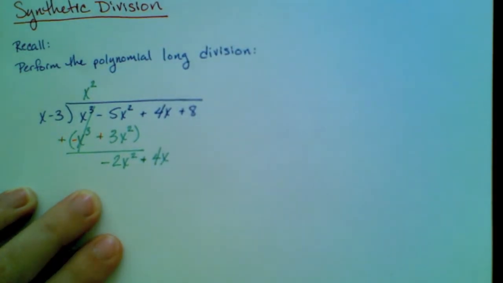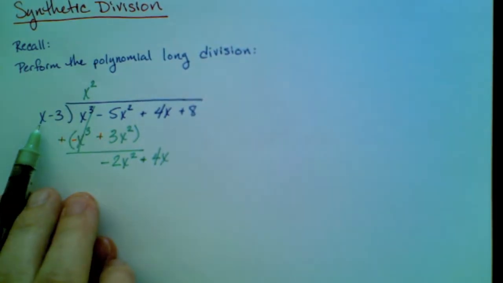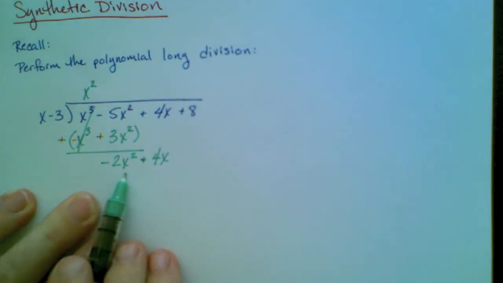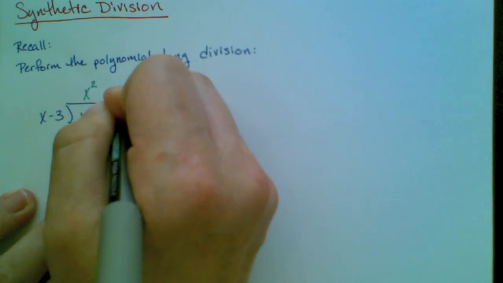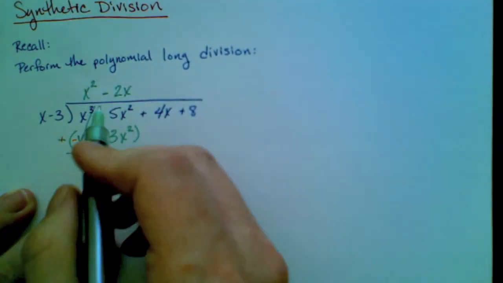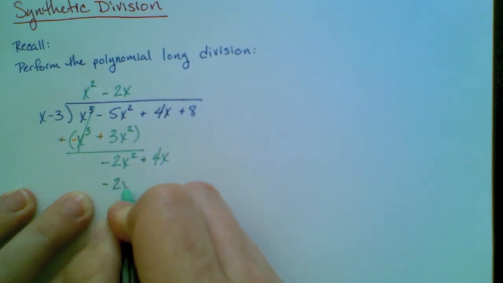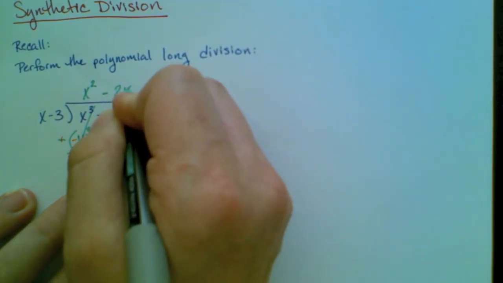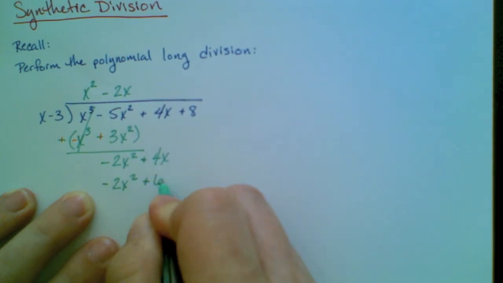So now we do the whole thing over again. I want to figure out what I need to multiply x by in order to get negative 2x squared. The answer to that is negative 2x. So negative 2x times x is negative 2x squared. Negative 2x times negative 3 is positive 6x.